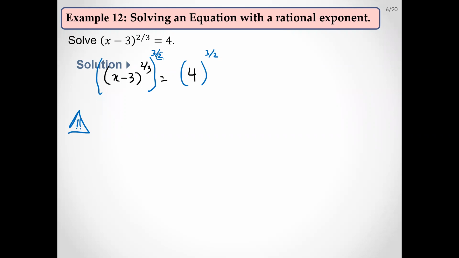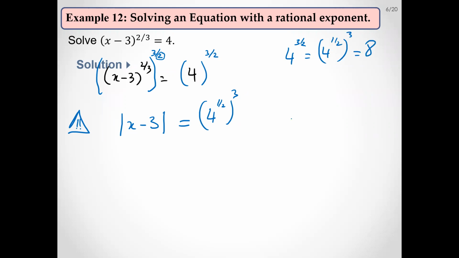Here, since we have an even number in the denominator, when we remove the power it gives absolute value. This is the difficulty in this type of equation. We compute 4 to the power 3 over 2: first the power one half, the square root of 4 is 2, then cubed is 8.